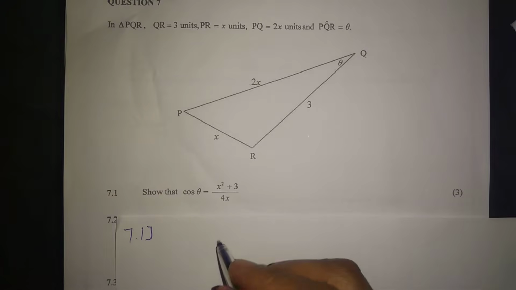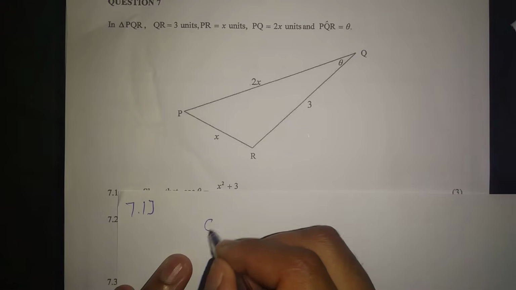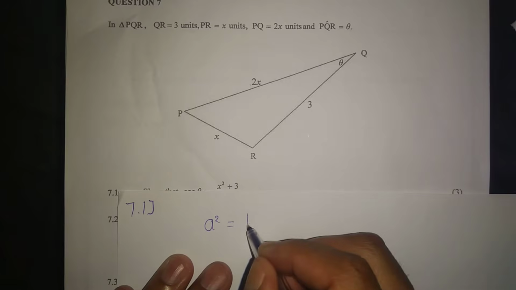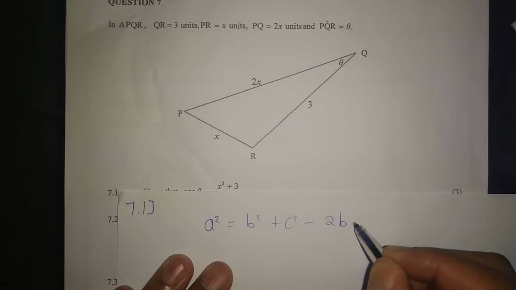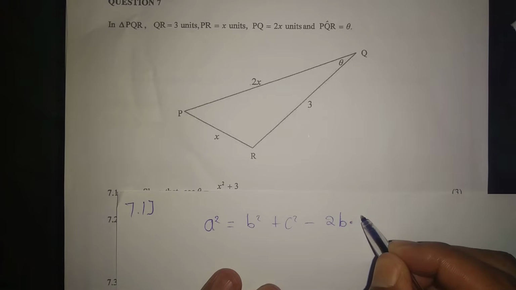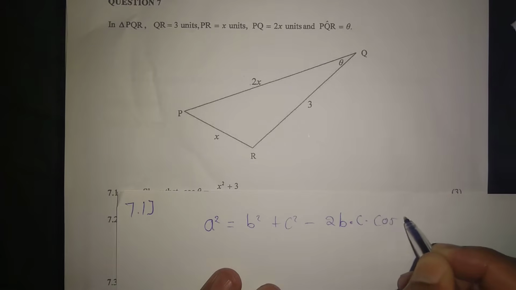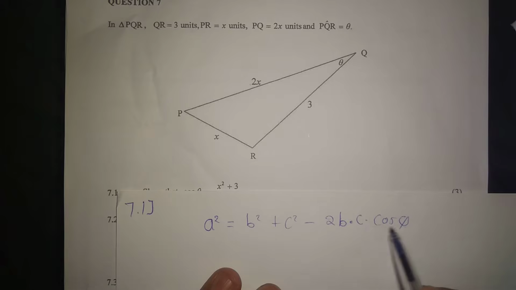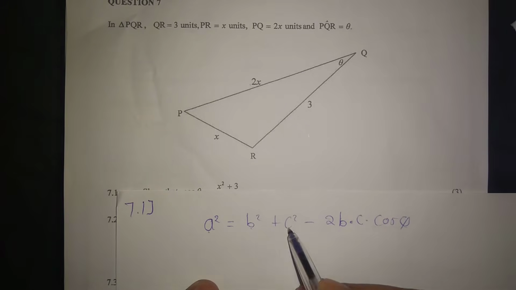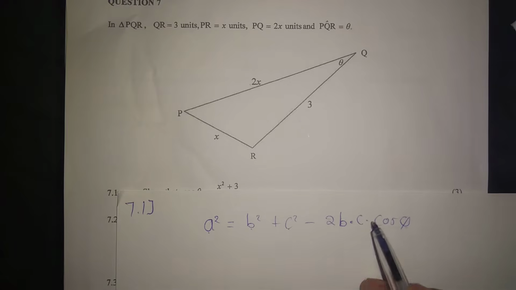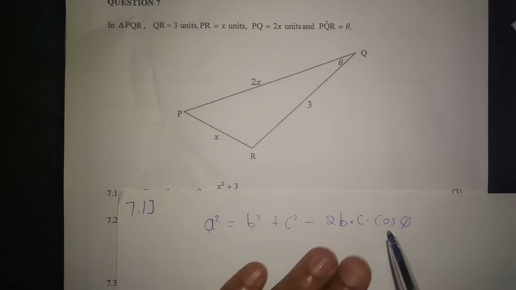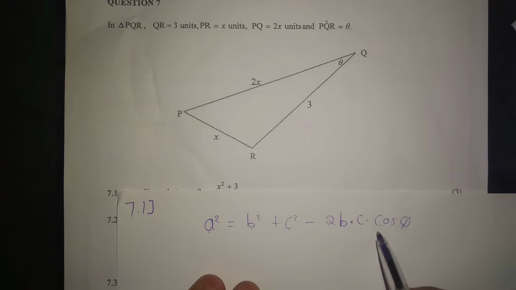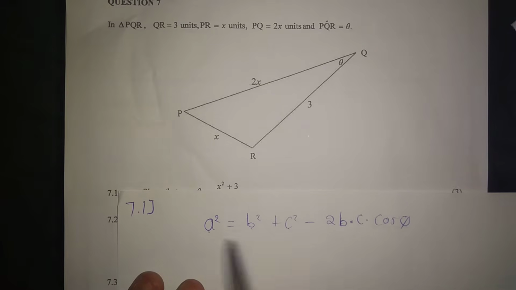The cosine rule says a squared is equal to b squared plus c squared minus 2 times b times c times cos theta. So we must plug in the necessary values in this formula, then simplify, and then make cos theta the subject of the formula, right?